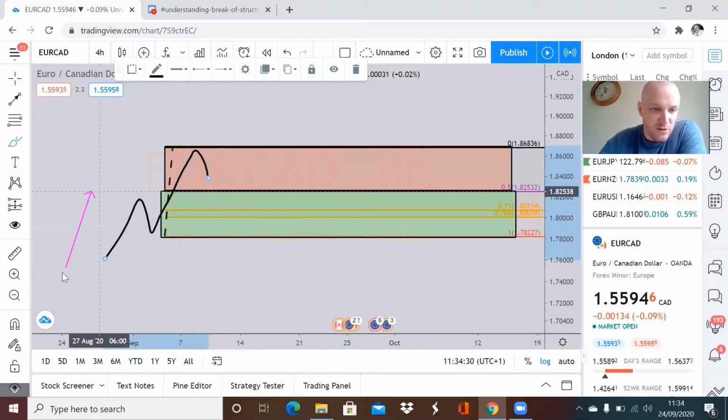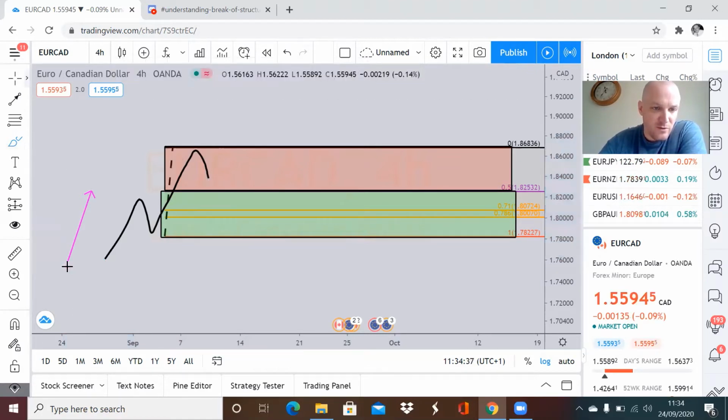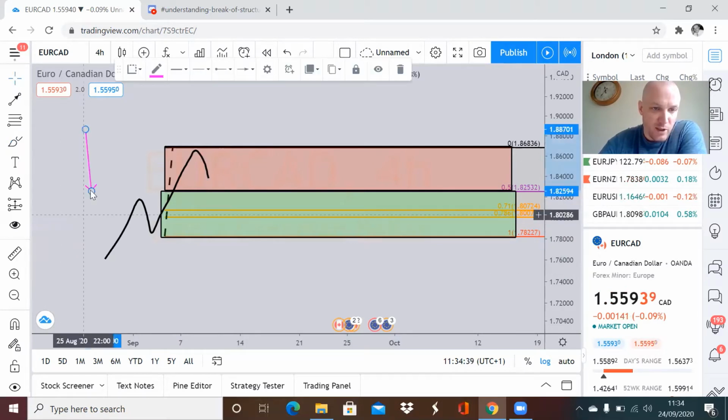As the price moves, we come into this area here, which is our swing low up to the swing high.